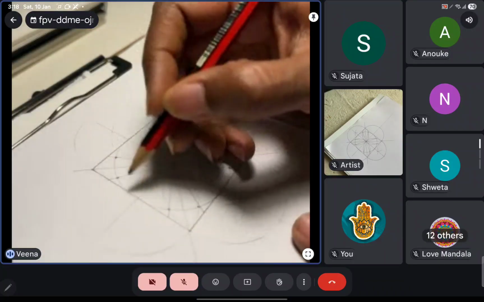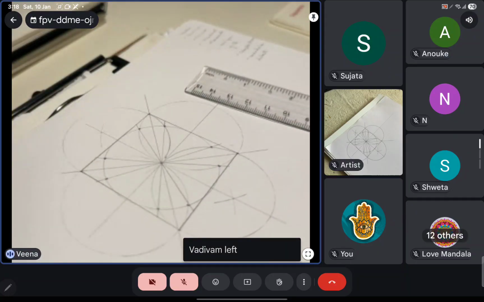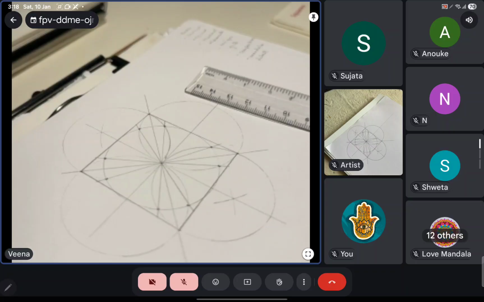I'll show you the one that we're going to do and you'll understand it much better. So this is like the basic. Now you also have pentagon and you have a hexagon shape. So these different shapes, but this is like the basis.